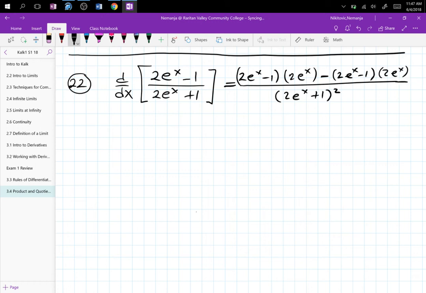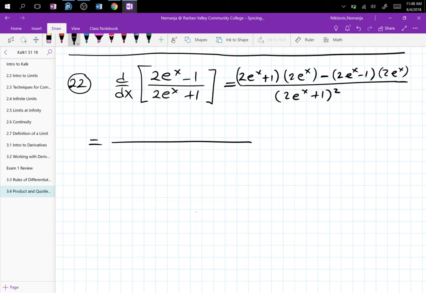I don't need those parentheses, but whatever. Oh, this is supposed to be plus over here, the first one, right? Much better.